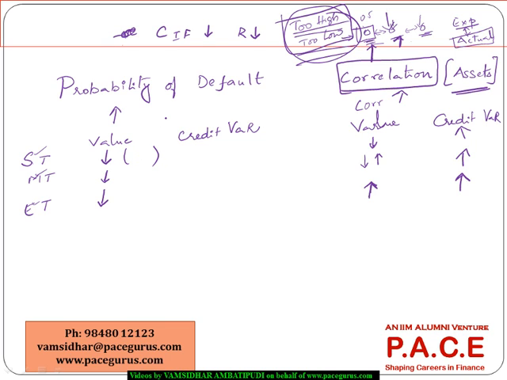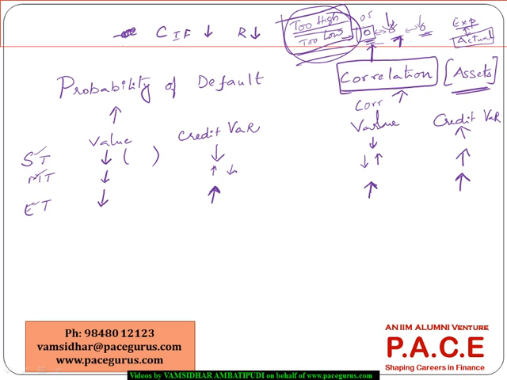If the probability of default is increasing across the board, all the values are decreasing, and because there is no variation or volatility, the credit VAR also comes down here, but here the volatility is still existing, so the credit VAR is up. The same logic goes even here. Initially it is up and then it is down.